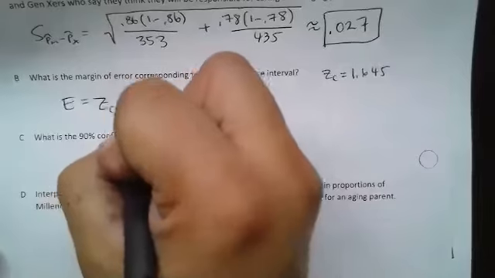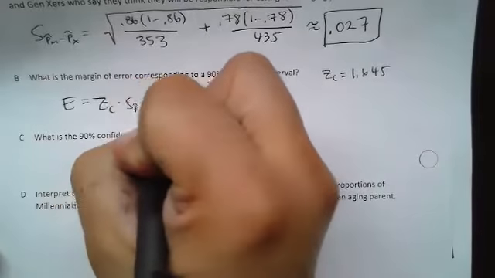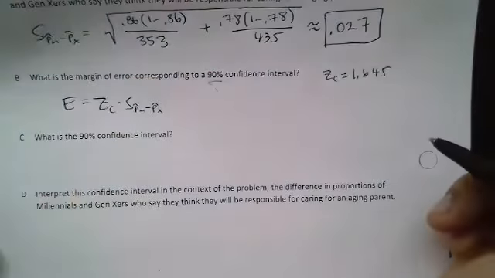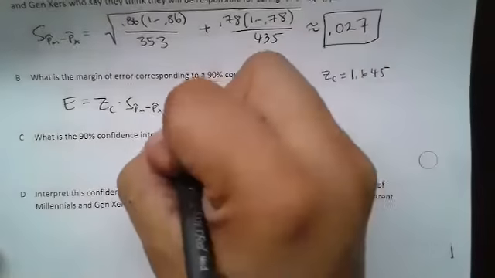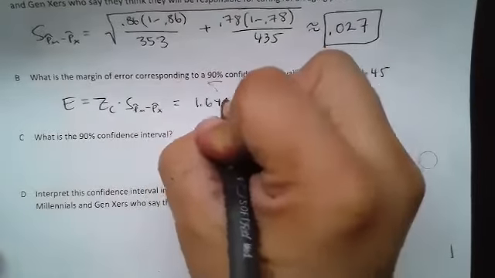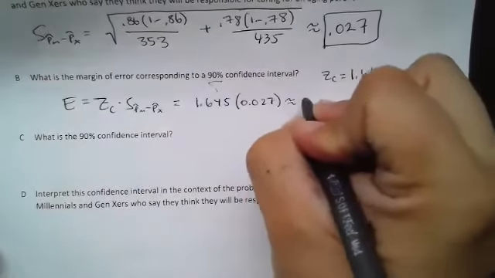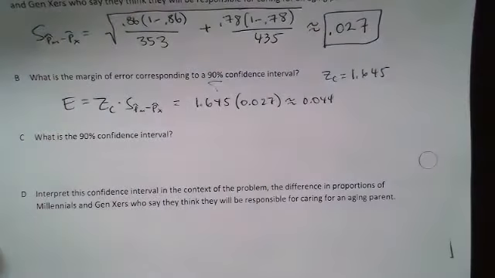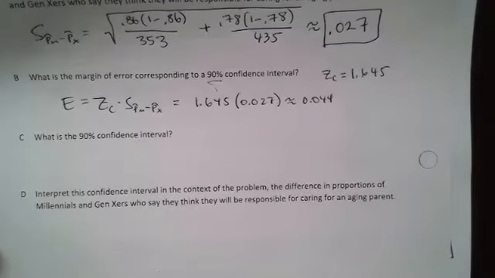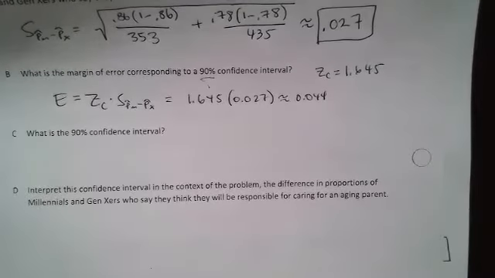The margin of error is 0.044, because we do 0.027 times 1.645, right? Yes, exactly. That's exactly right.